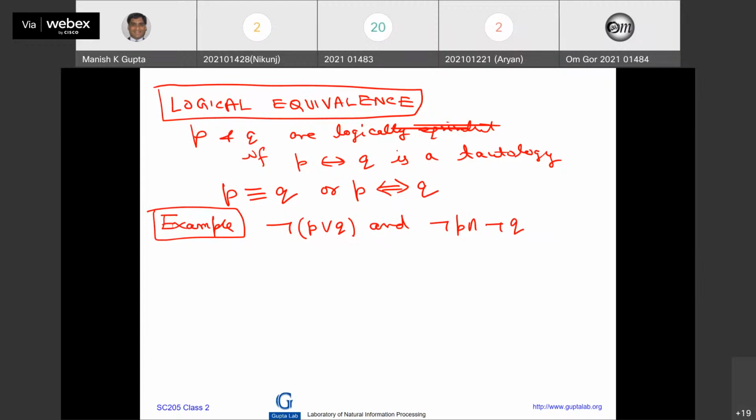They are logically equivalent. Is it correct? Do you remember anything? What is this? De Morgan. I hope I am writing it correctly. Just check.